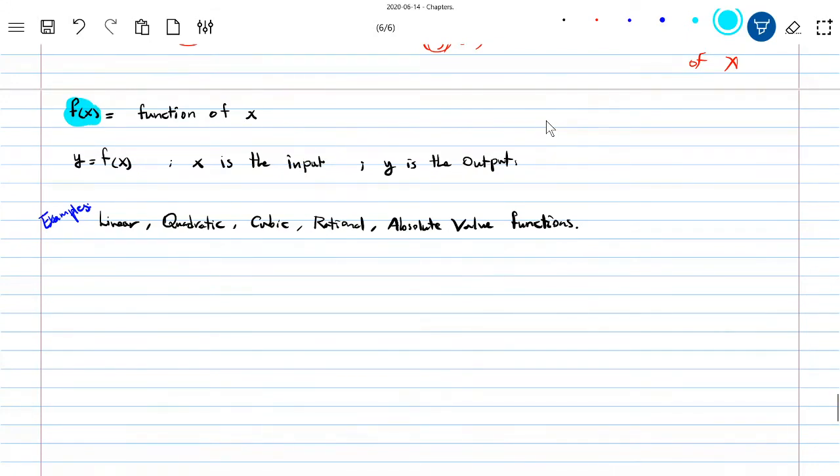Parentheses x means x is an input in the function, so we call it function of x. If I give you the x input, what you provide is the y value. So we say y is the same as f of x. You're given an input, you expect an output. X is your input, y would be the output.